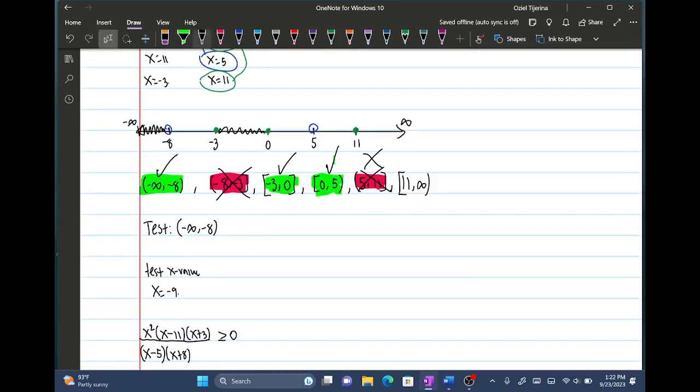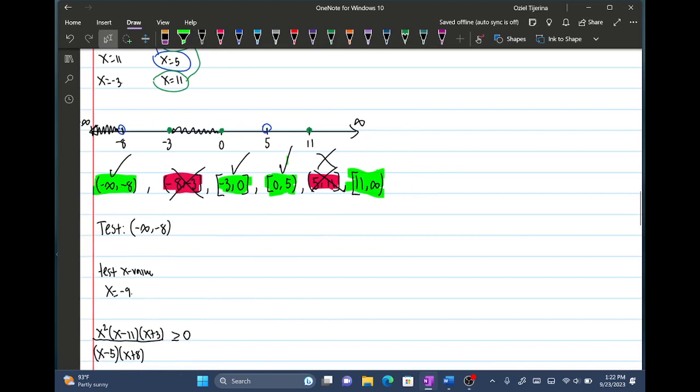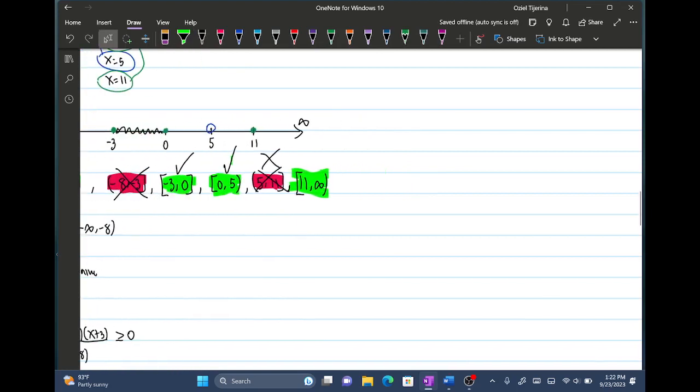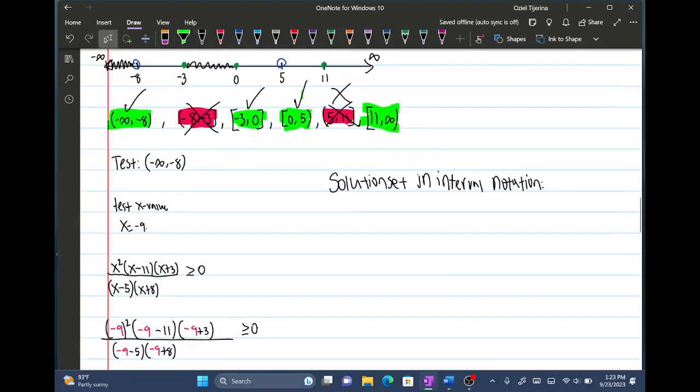those are our answers. So therefore, the solution set for this inequality in interval notation is the following. Negative infinity to negative 8. Union, you want to make sure to use a union.